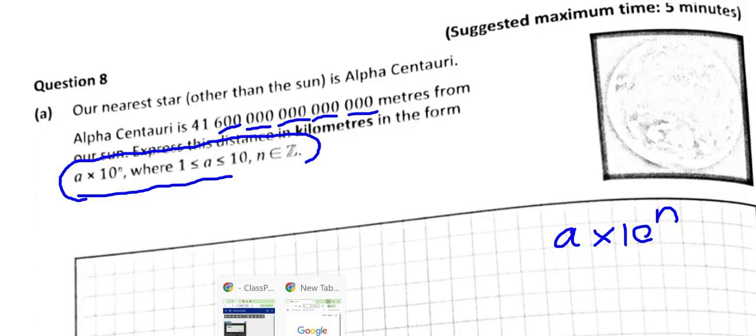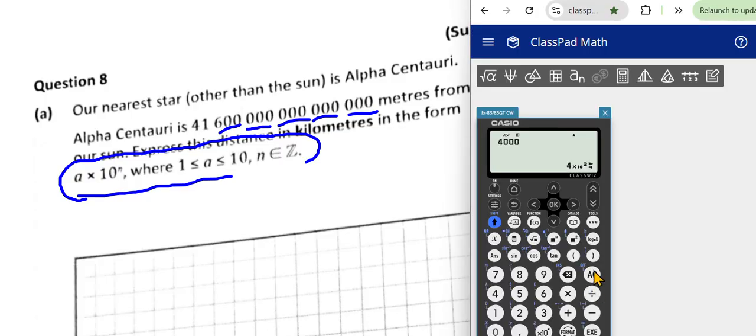Okay, let's try this out. Go back to my calculator. I go 4, 1, 6 and 14 zeros. Let's see how this goes. 4, 1, 6, 1, 2, 3, 6, 7, 8, 9, 10, 11, 12, 13, 14. Bam, there's my answer. 4.16 by 10 to the power of.